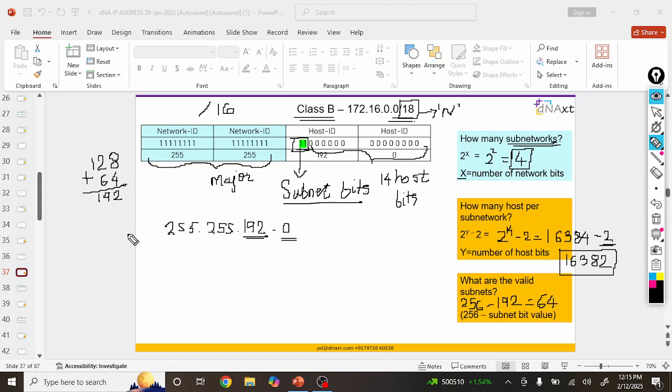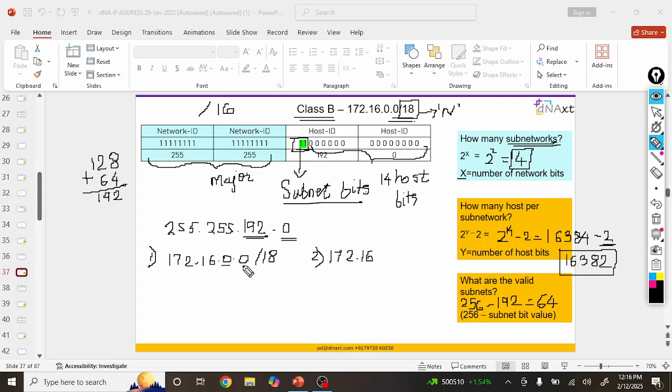Now let's write down all these 4 network IDs for the 4 subnets. The first network ID will be 172.16.0.0/18. The second network ID will be 172.16 dot.